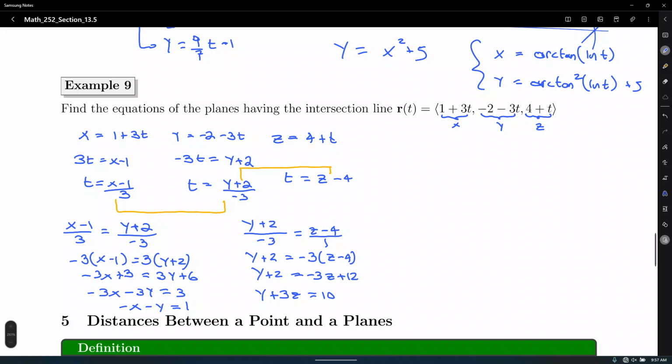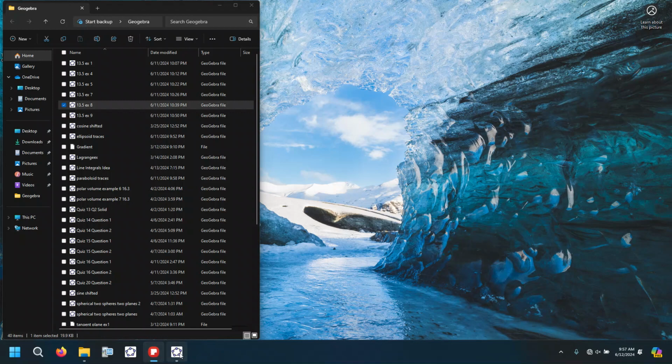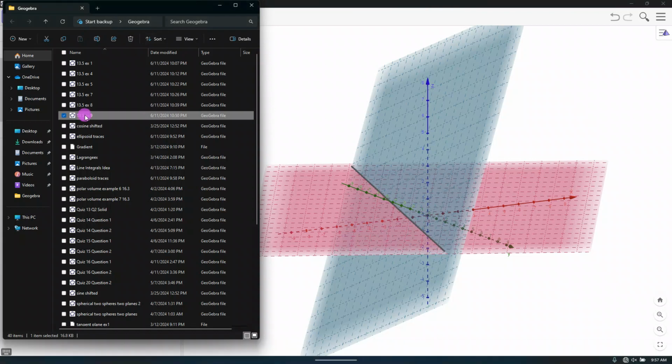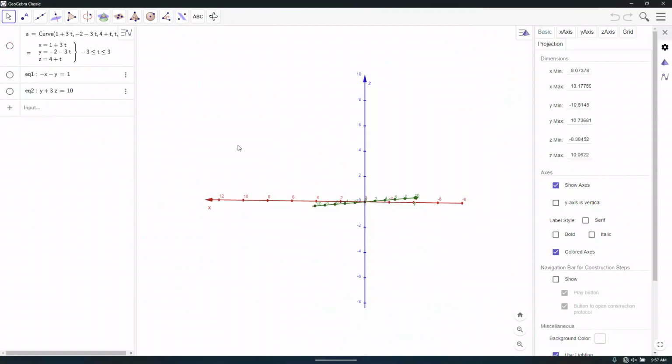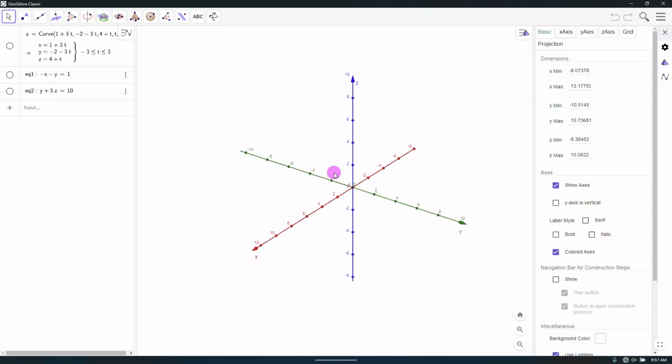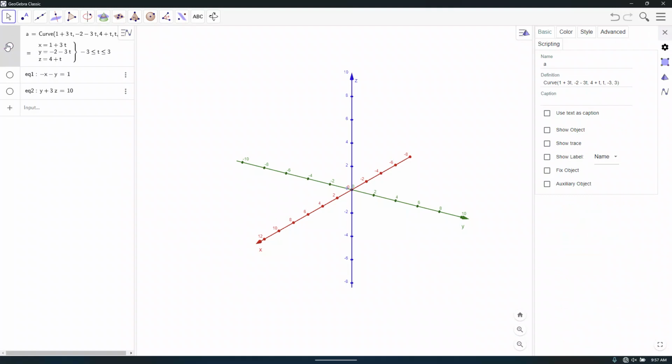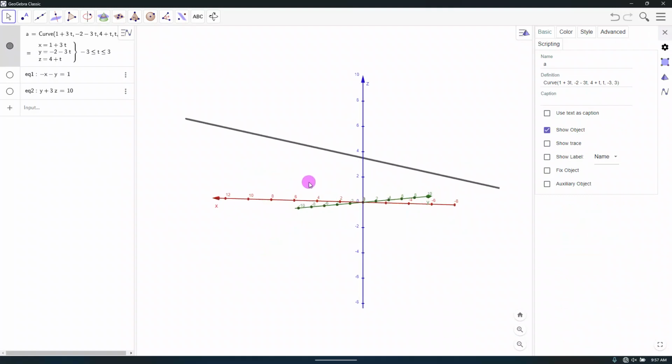All right, let's show this in GeoGebra. Why not? I think this will be the last GeoGebra for the chapter. So that's the regular perspective. This time we're going to start with the equation of the line.